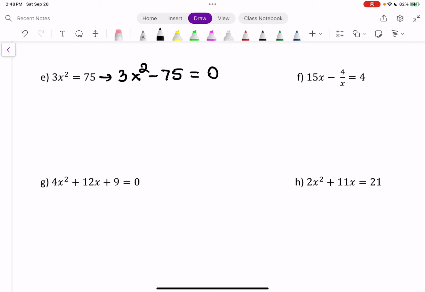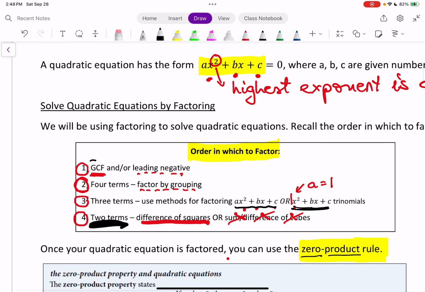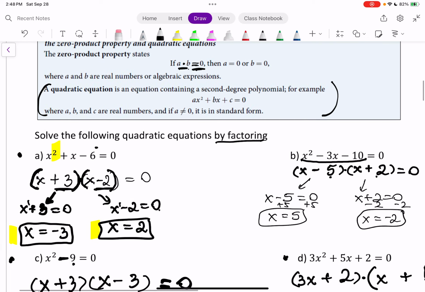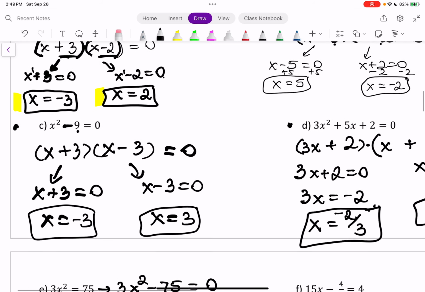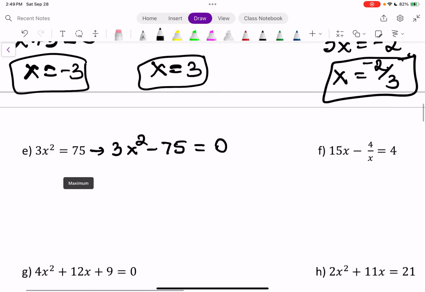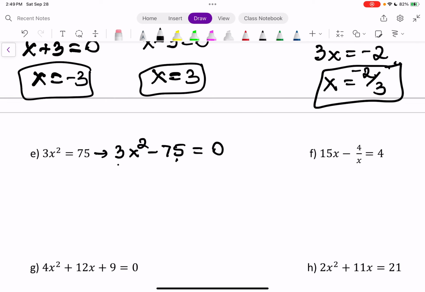And now I can go on to factor. Now, one thing we haven't really looked into, but it's also possible, is there a greatest common factor? None of the problems we had so far had a greatest common factor, but this one does, because if you look, 3 and 75 can both be divided by a 3.